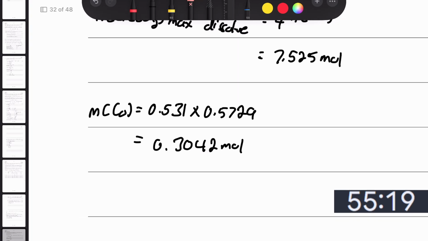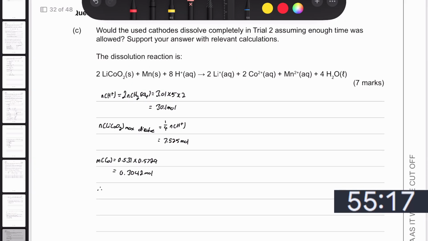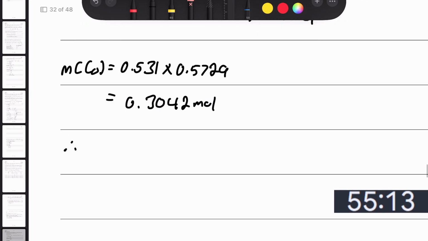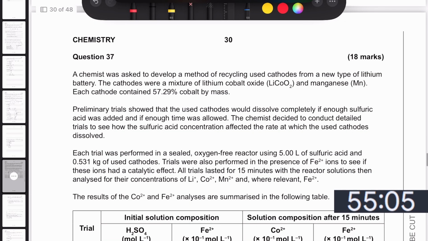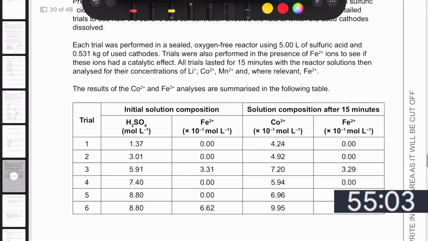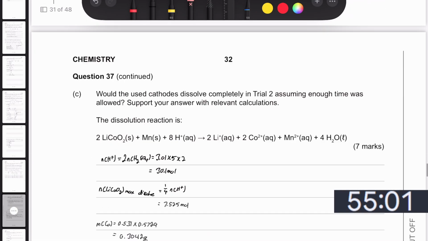Oh wait, no, this is grams. This is the mass. So this is grams. 0.531, 5729.